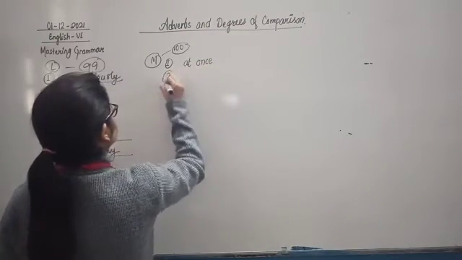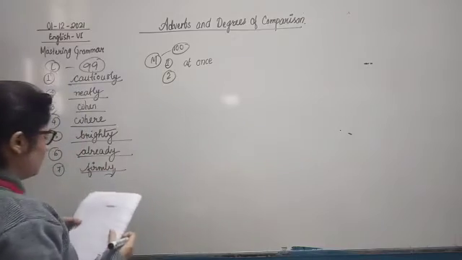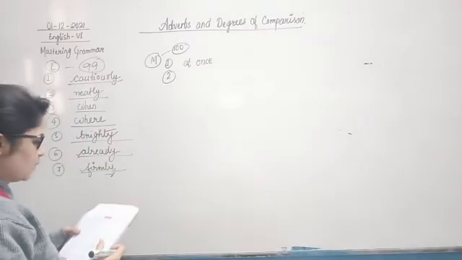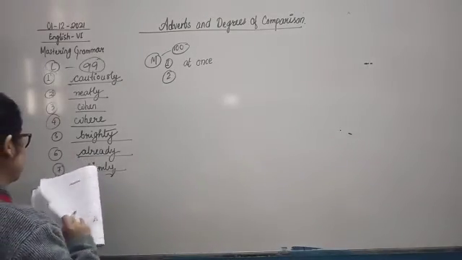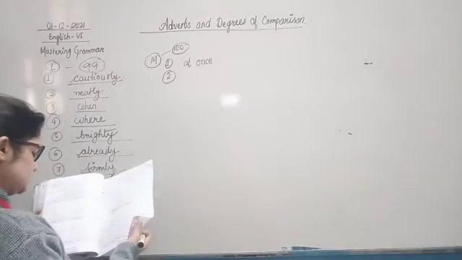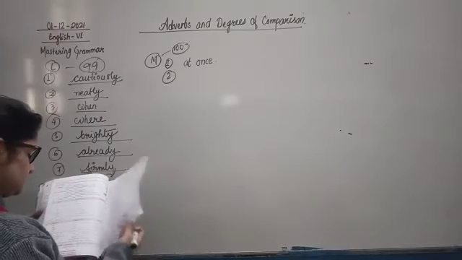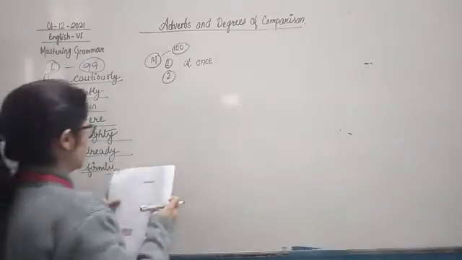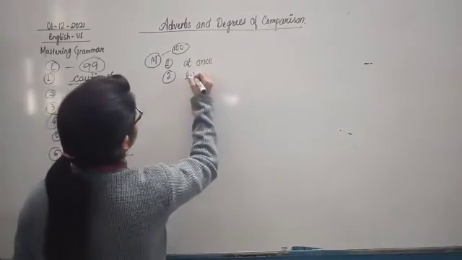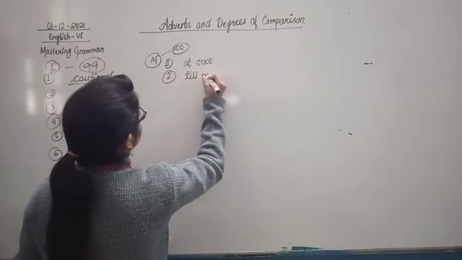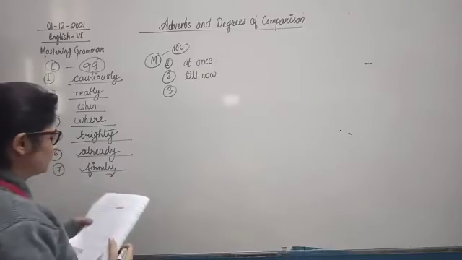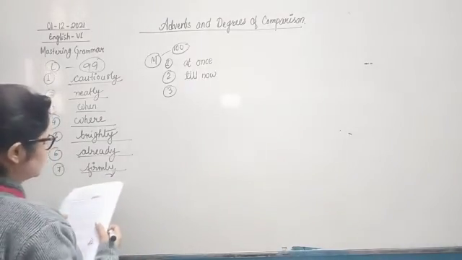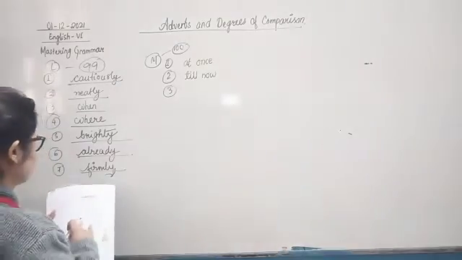Number 2, all the spectators sat quietly dash, but now they are getting restless. Till now. Quietly till now. Number 3. He would have reached the stadium dash before he left about an hour away.